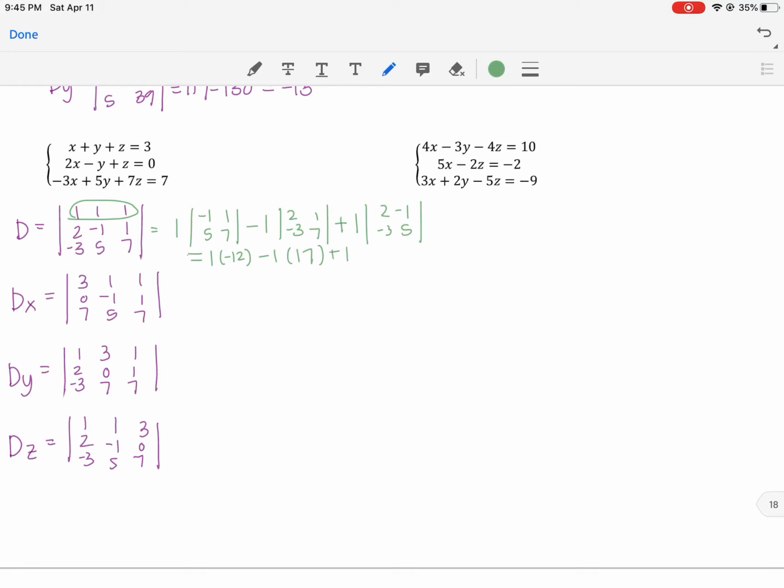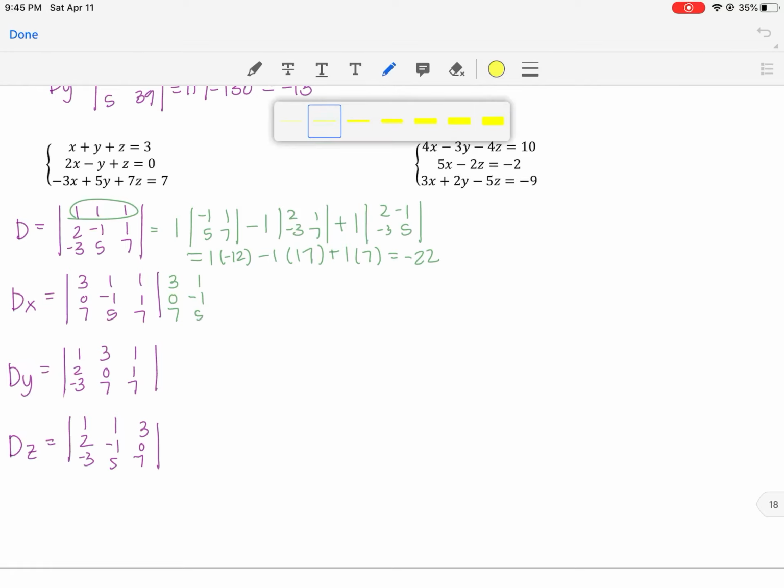Oh, this is a positive 14 plus 3, so yeah, this is 17. I didn't make an algebra mistake. So this is negative 1 times 17 plus 1 times 7. So this is negative 22. Okay.